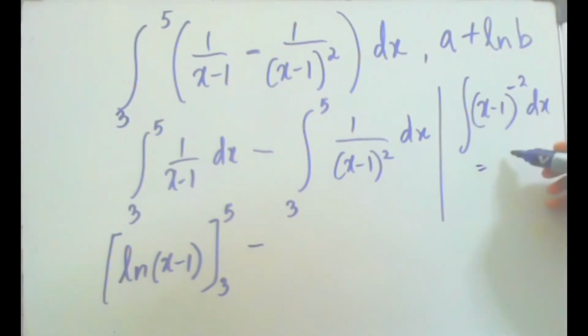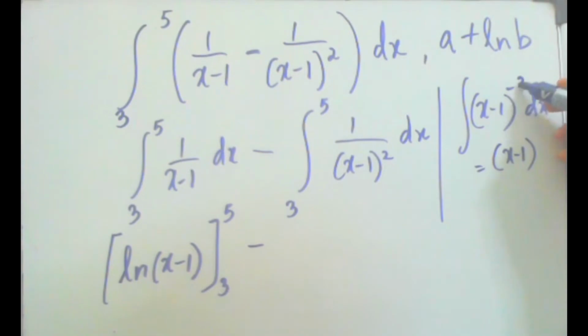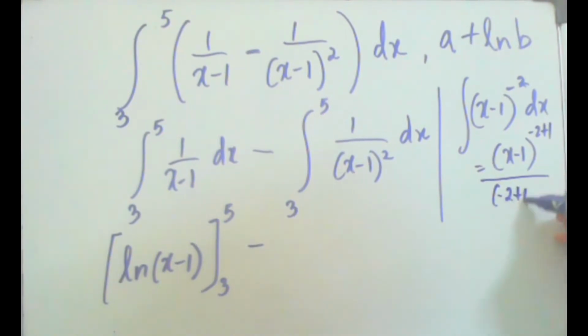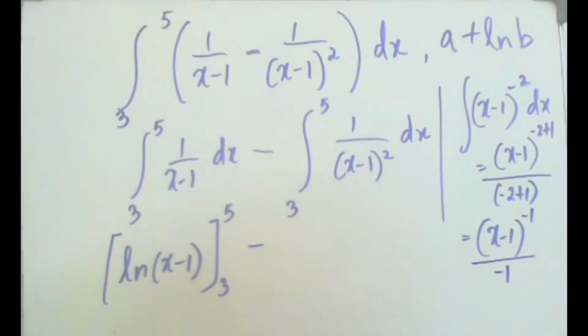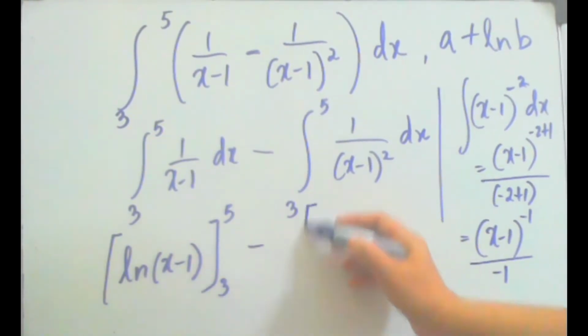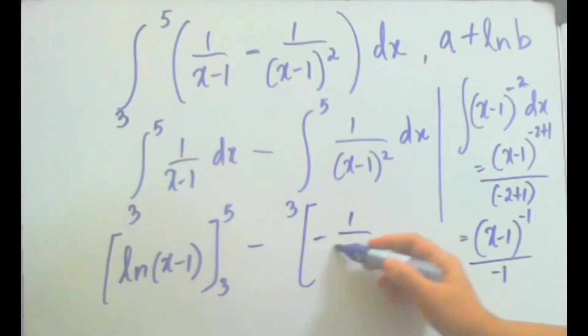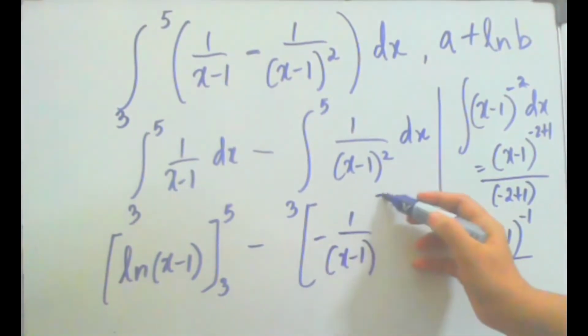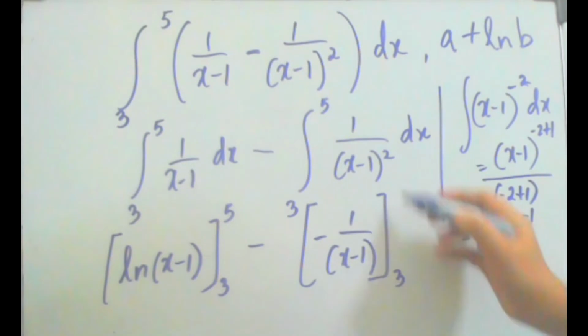From here, the power we will add 1. So it is minus 2 plus 1 divided by minus 2 plus 1. So this comes to be (x minus 1) power minus 1 divided by minus 1. So that will make it minus 1 over x minus 1, limits 3 to 5.